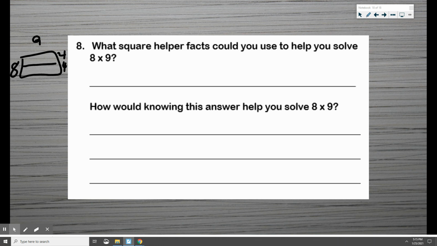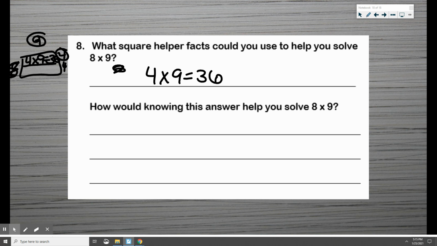So I'm going to use this 4 times 9 as my helper fact, and that's 36. So what helper fact did I use? 4 times 9 equals 36. How would knowing this answer help you to solve 8 times 9?